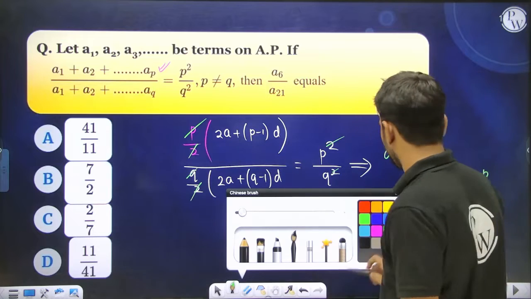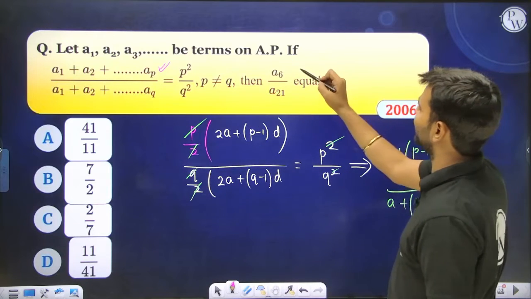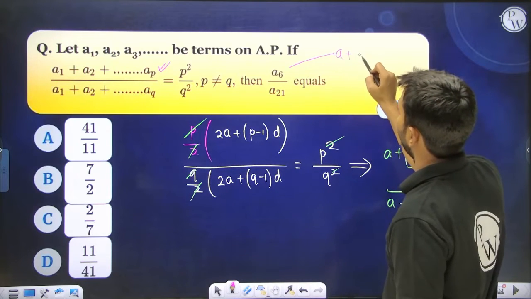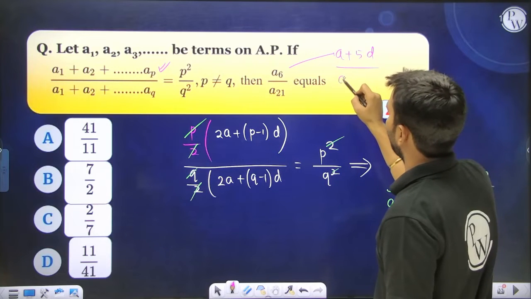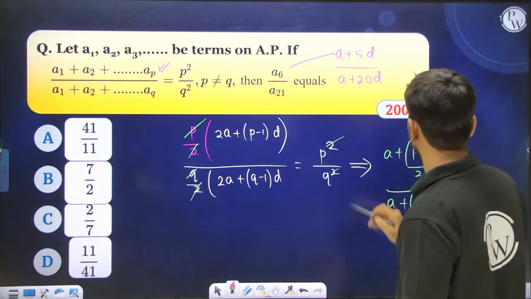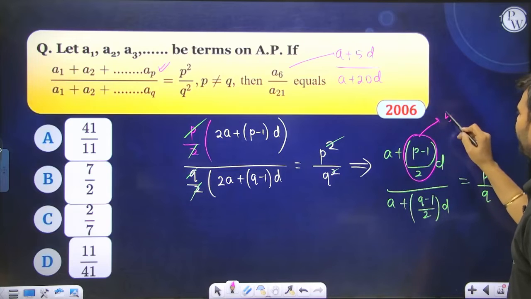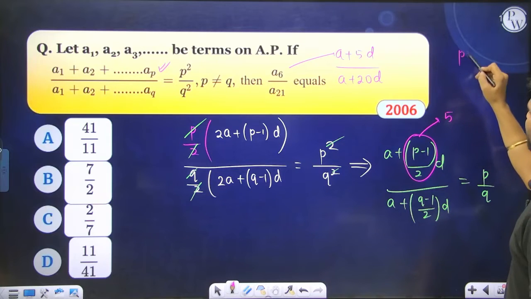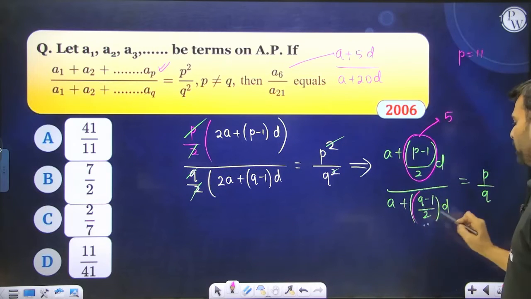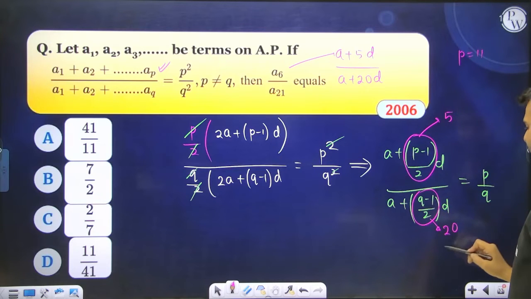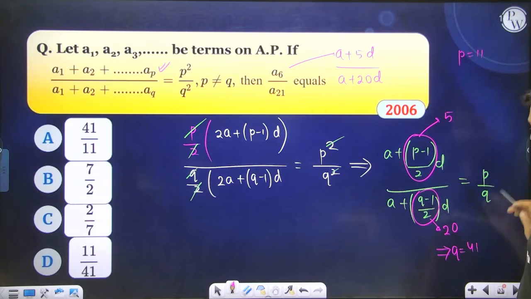Then since we want a6, which means a plus 5d, and a21, which means a plus 20d, ultimately we want this thing to be equal to 5, means we want p's value equal to 11, and if you want this thing to be equal to 20, then we should have q's value equal to 41. Yes or no?